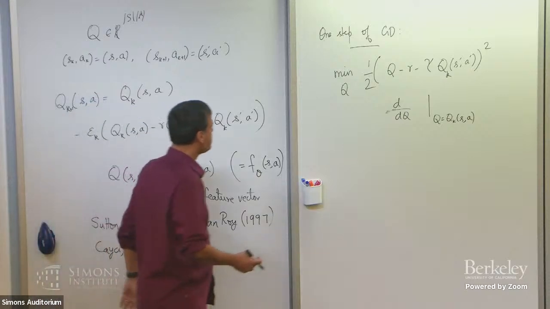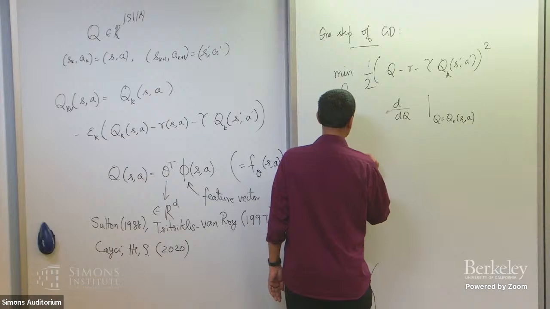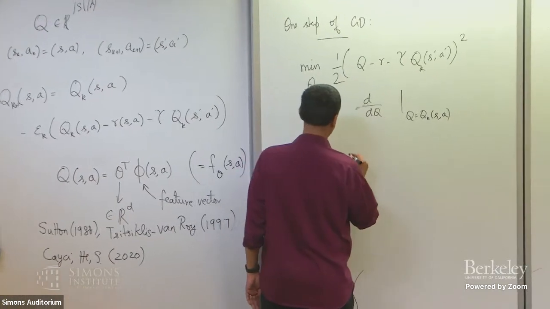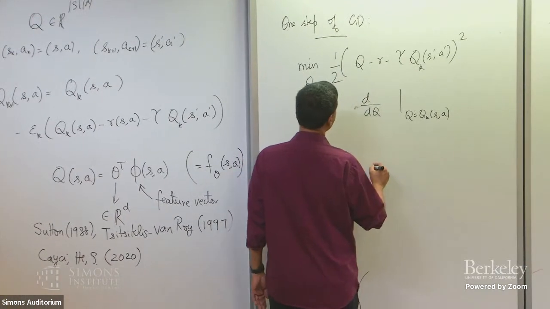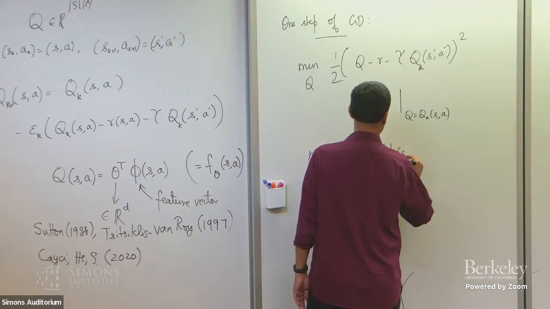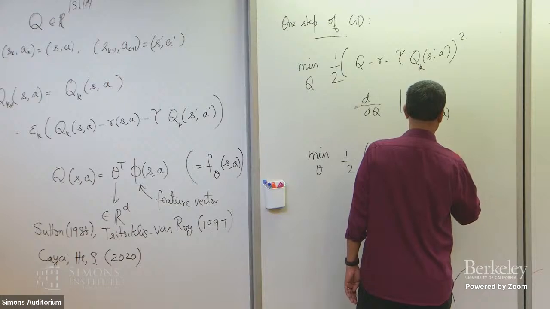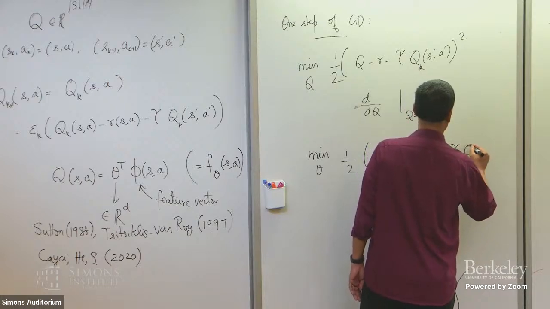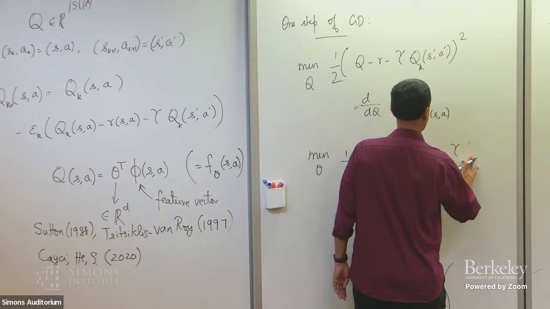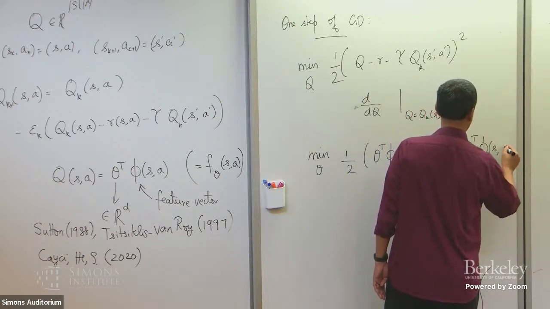Okay. And what happens in the case of function approximation? The natural thing to do would be to use this as the objective function.